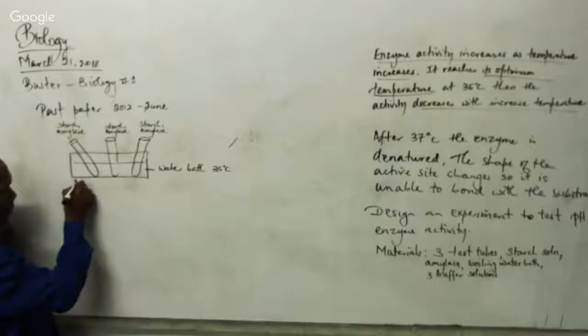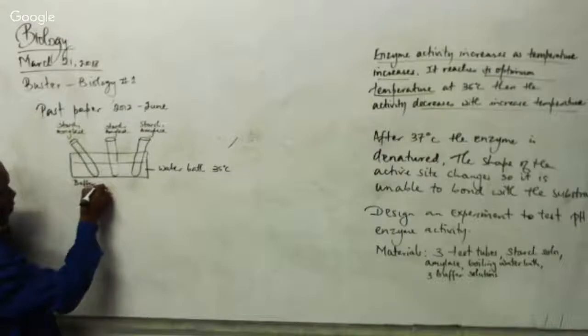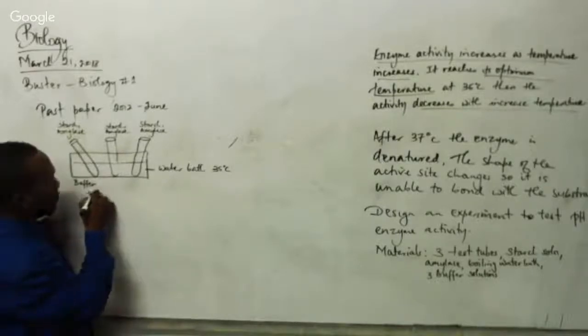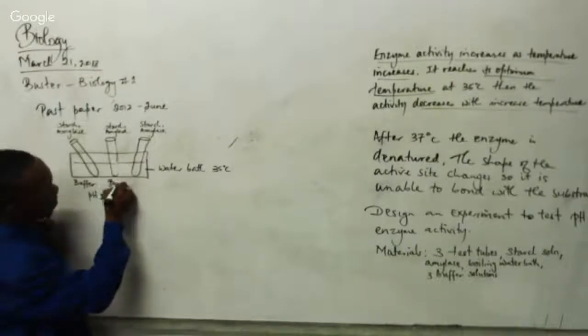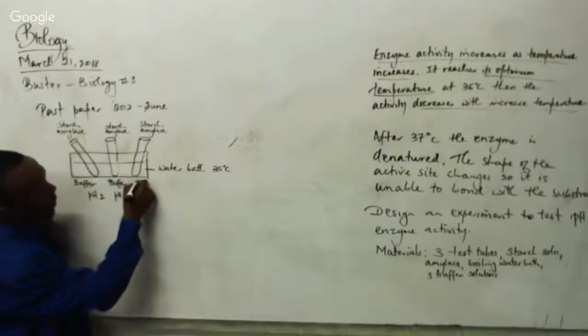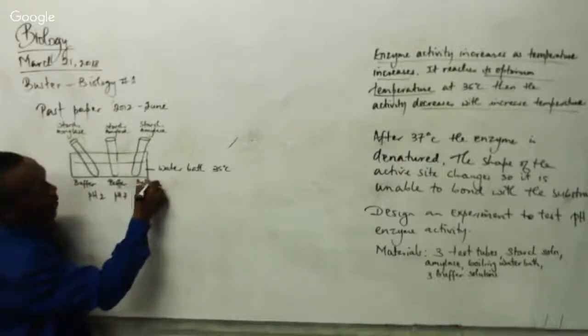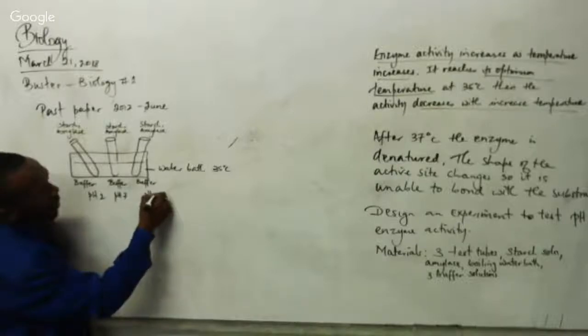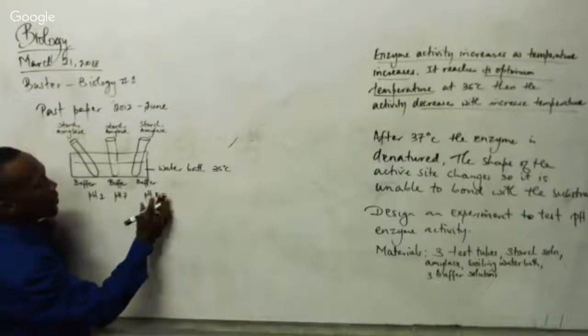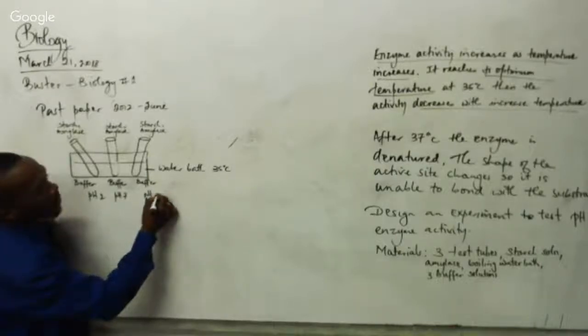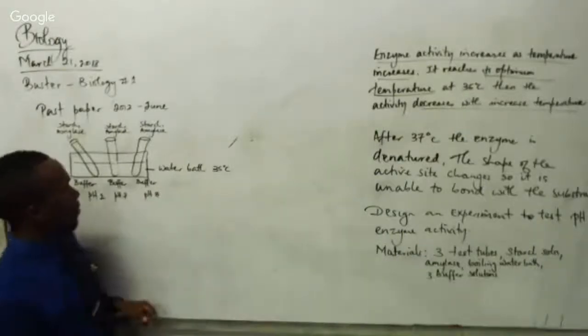And you're going to put buffer, pH 2, buffer with pH 7, and buffer with pH 8.5. 8 is fine. You don't really find pH 9. pH 8 is more popular.